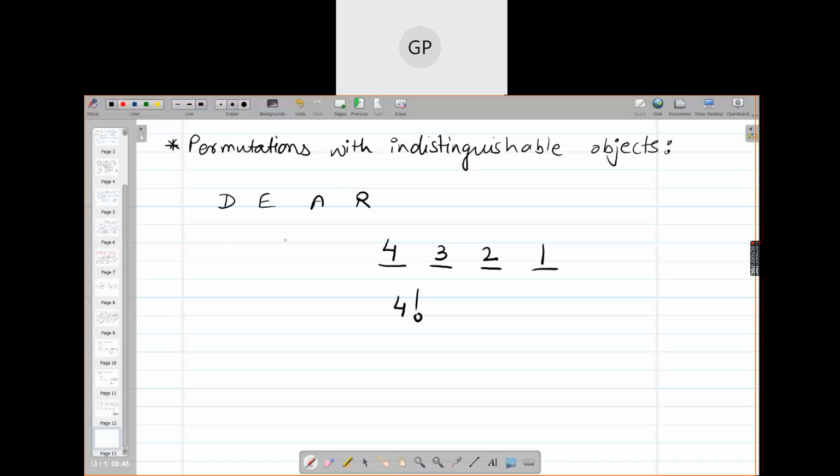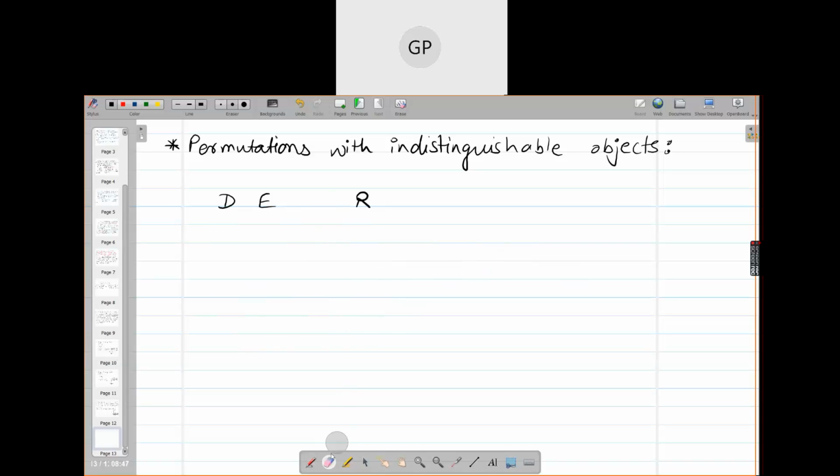They may be meaningful, they may not be meaningful. It may be READ, it may be DARE, it may be RADE, something like that. Are you getting it? But here no letter is repeated, all the letters are distinct, isn't it? Right?